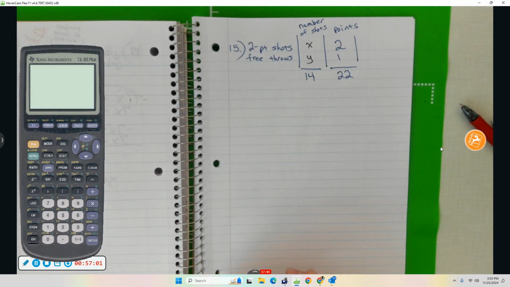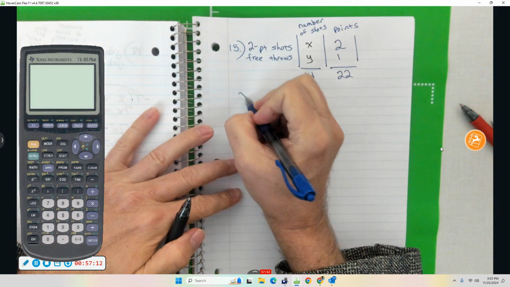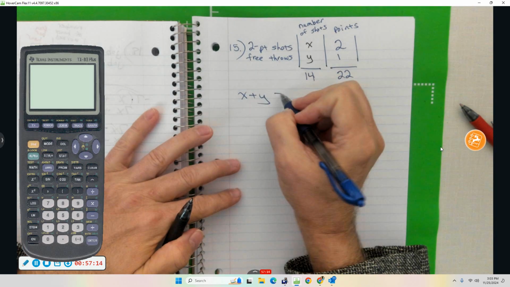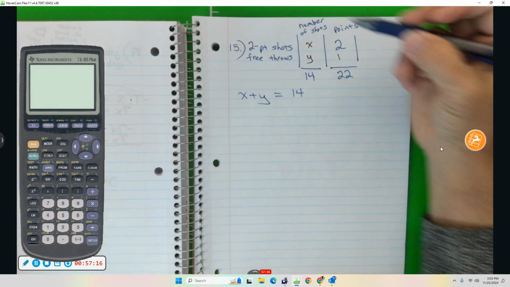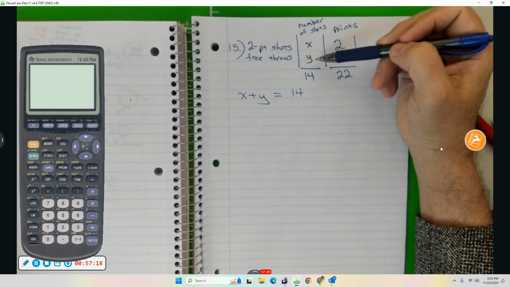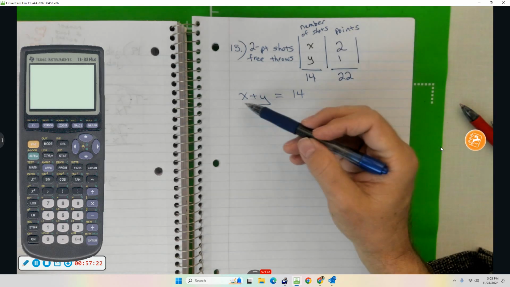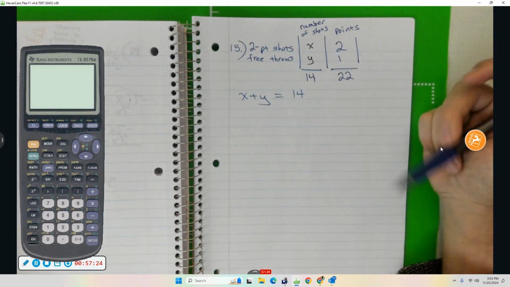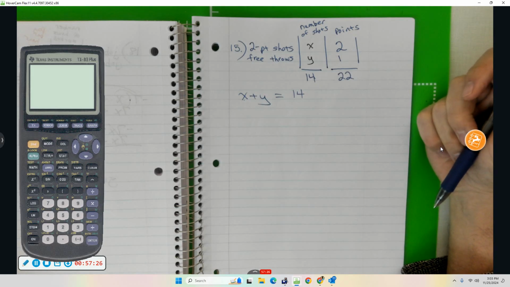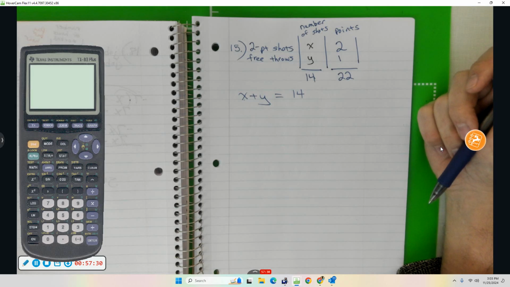We have 2 variables. How many equations do we need? 2. Okay. Give me the first equation. Okay. X plus Y is equal to 14. She made X 2-point shots. She made Y free throws. So if you add those together, it better give you the 14 times she scored. We need another equation. What will it be?